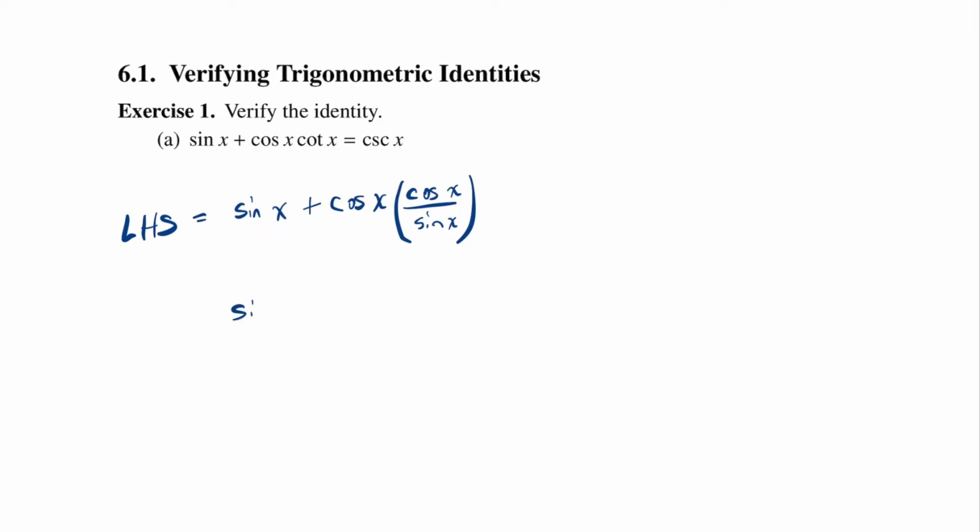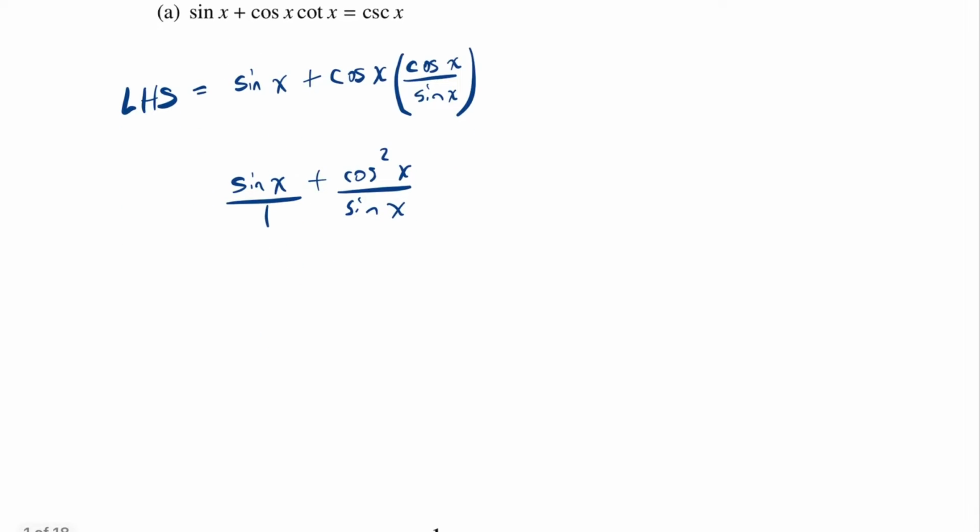So if you continue, you're going to have sine of x plus cosine squared x over sine of x. I'm going to put a 1 underneath the sine so that I can find a common denominator. The common denominator would be sine of x. So I have to multiply top and bottom of this fraction by sine of x in order to get the LCD.